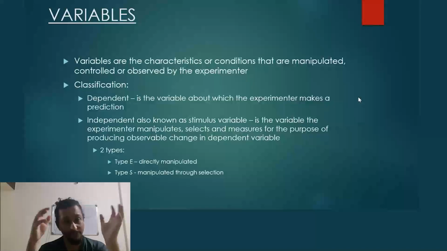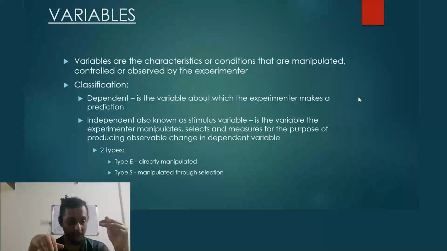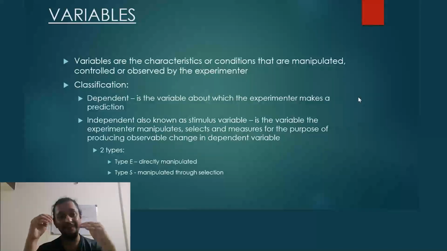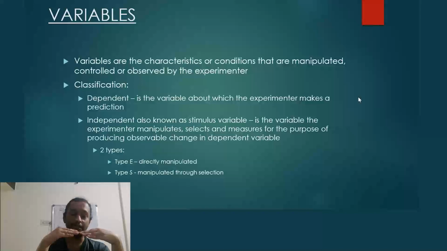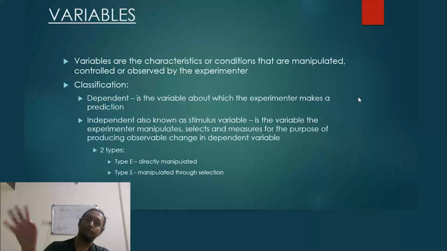Now there are two types within independent variable. There is type E, that is a variable that you're directly manipulating. Type S, that is a variable you're manipulating through selection, right? So say for example, you want to see the effect of student class, like which class they are in, on motivation.